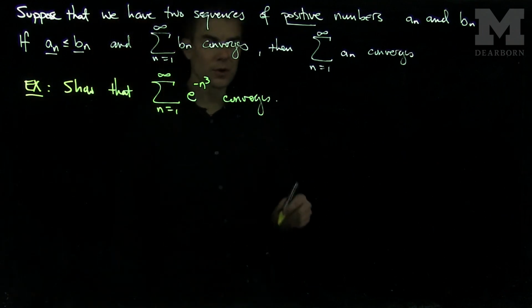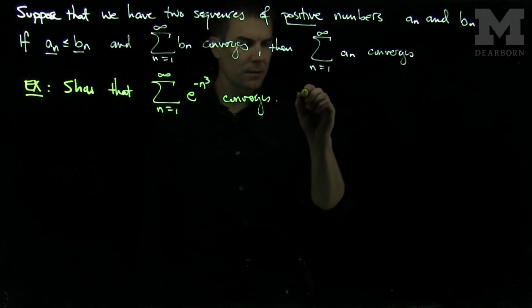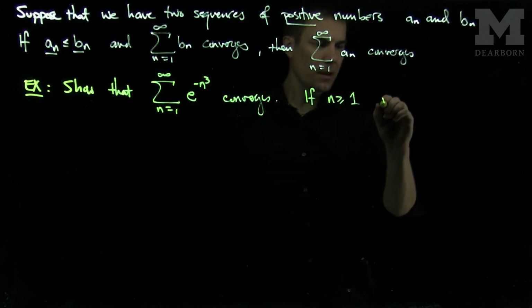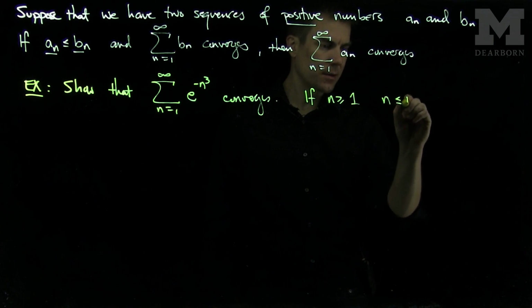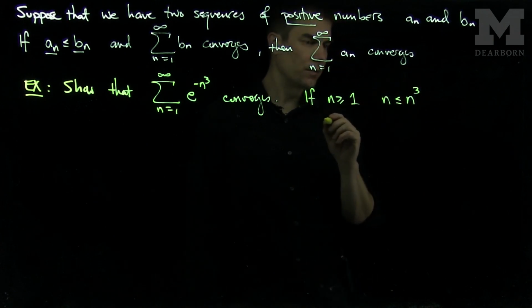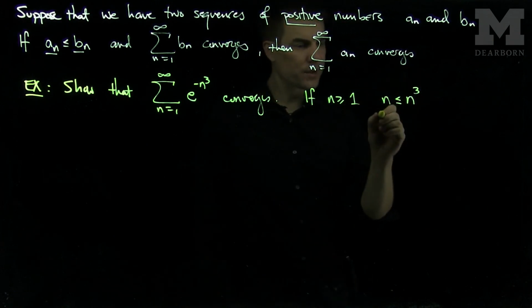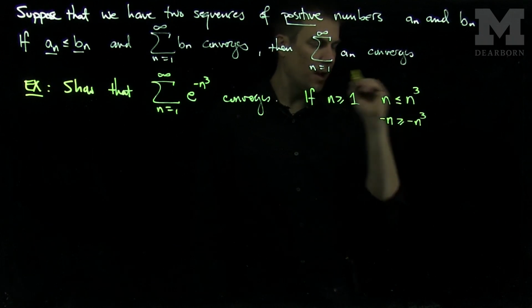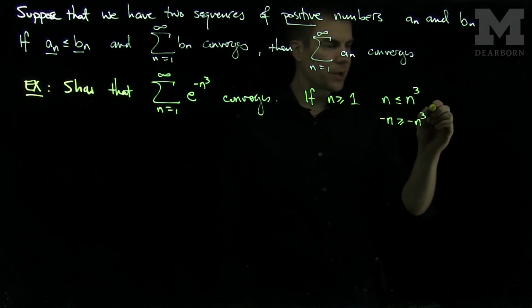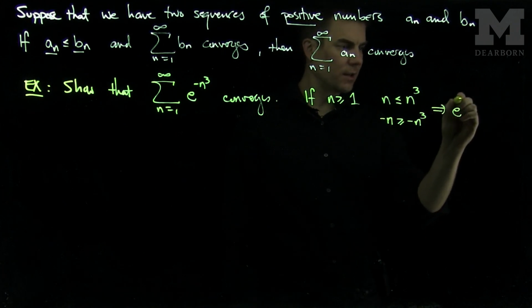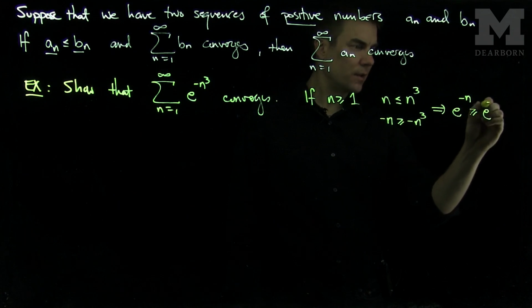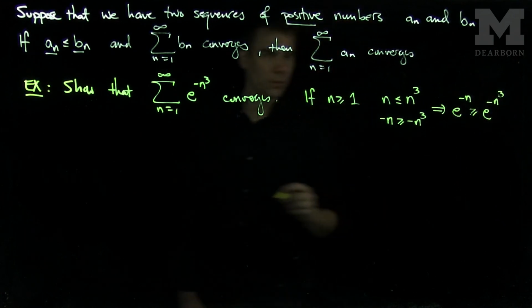And so what we'll do is we'll observe that if n is bigger than or equal to 1, then n is less than or equal to n cubed. Therefore, if I flip the signs over here, I have that negative n is bigger than or equal to negative n cubed. And if I exponentiate this relationship, we have e to the negative n is bigger than or equal to e to the negative n cubed.